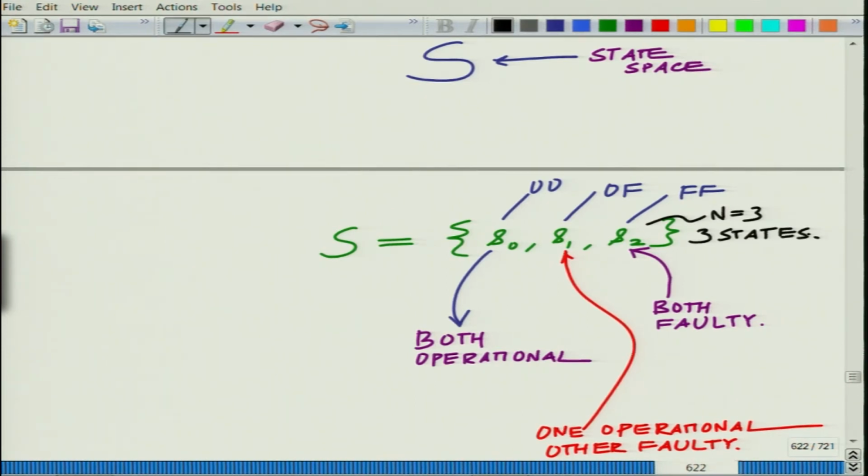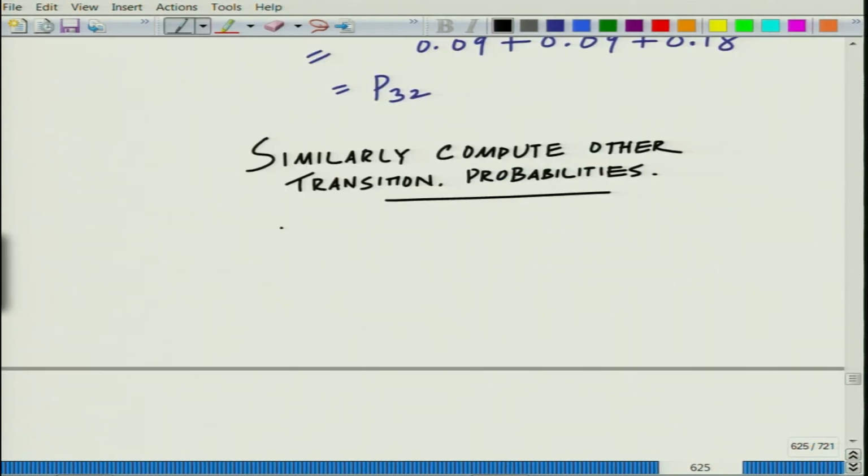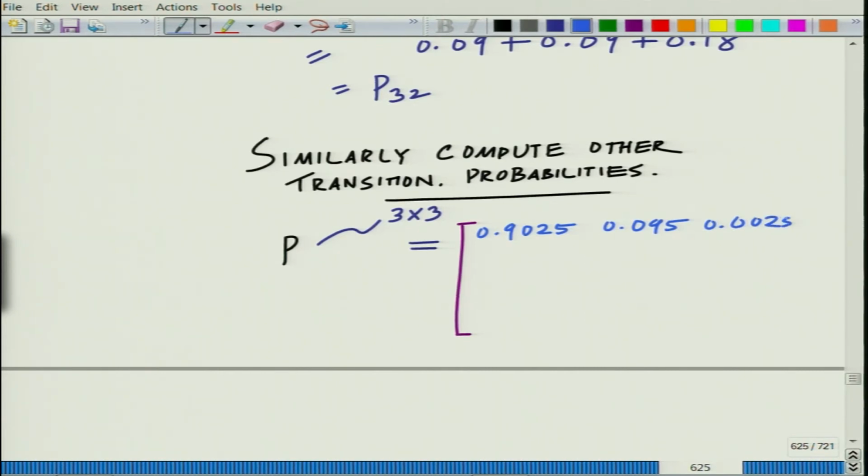This implies the transition probability matrix P is of size 3 cross 3, and you can verify it is given by 0.9025, 0.095, 0.0025; 0.855, 0.14, 0.005; 0.81, 0.18, 0.01.